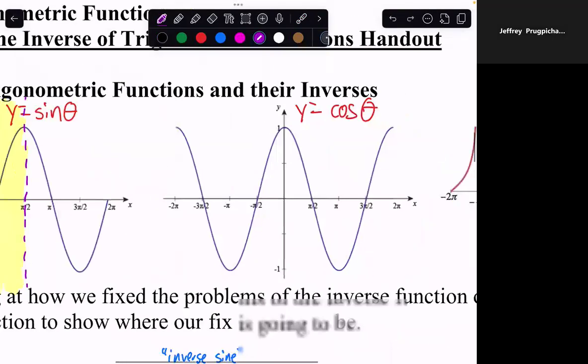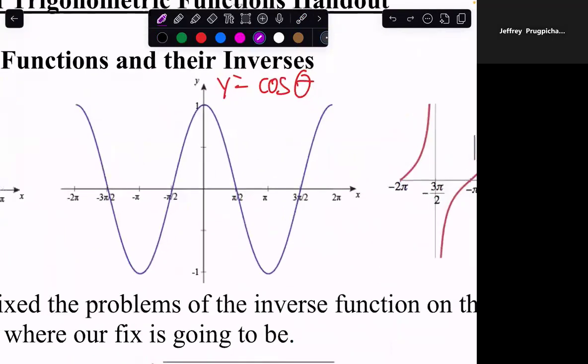The choice that we use is from 0 to pi. So this section is 1 to 1.